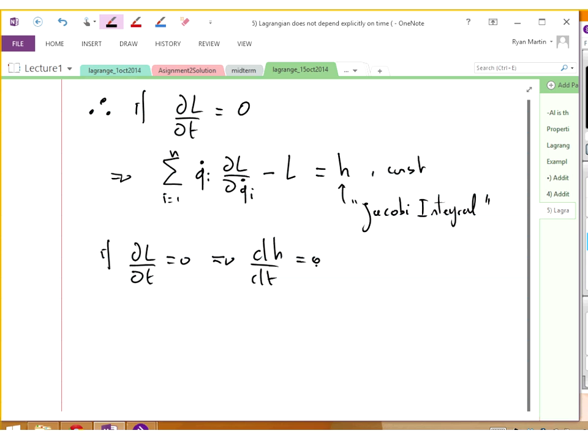All right, so we only require that L doesn't explicitly have t's in it, and then H is a constant. And if H is a constant, that means that its derivative with respect to time is 0. That's a concept that's good to remember in general. If something is constant, its total time derivative is 0, which is obvious, but it's something to keep in mind.